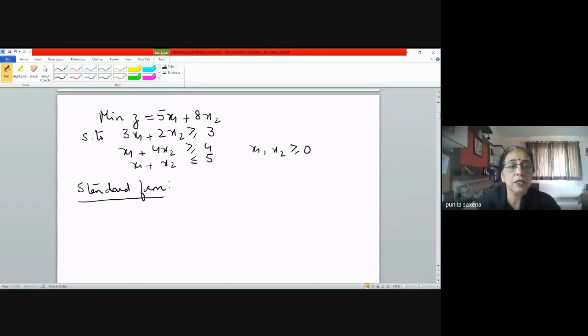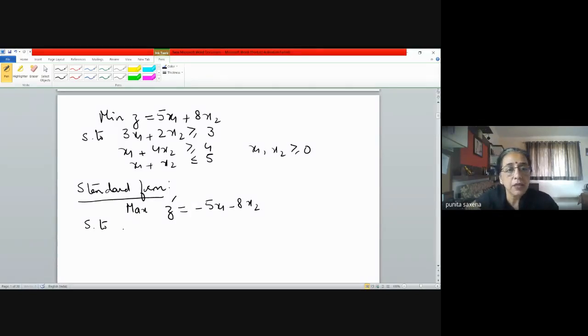Since it's minimization, my objective function will now be maximizing Z dash, which will be minus 5x1 minus 8x2, subject to. In the standard form, we are not going to change anything because we are not following the Big M method, so I'm not going to add or subtract anything in this objective function for the artificial variables.